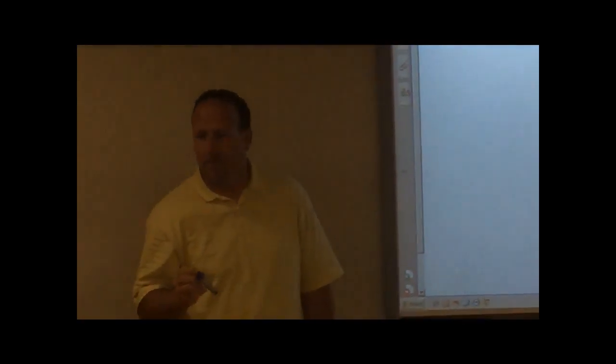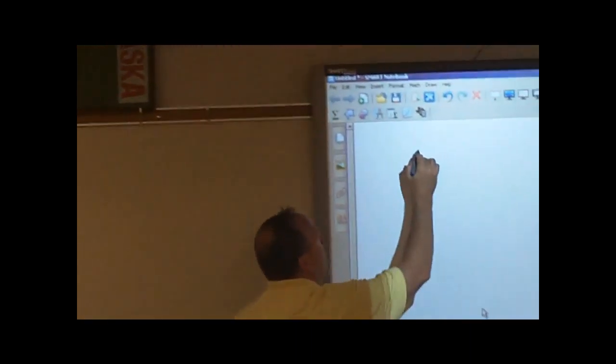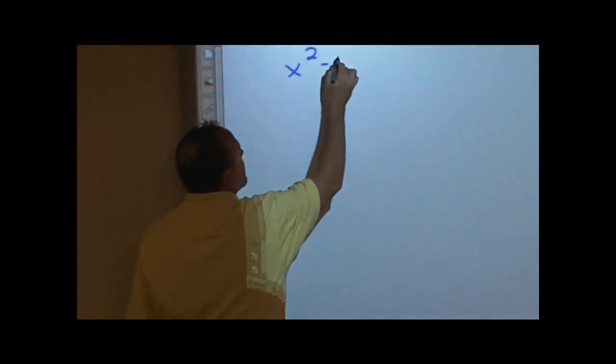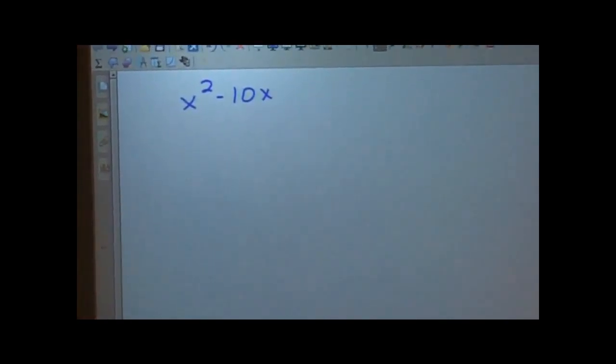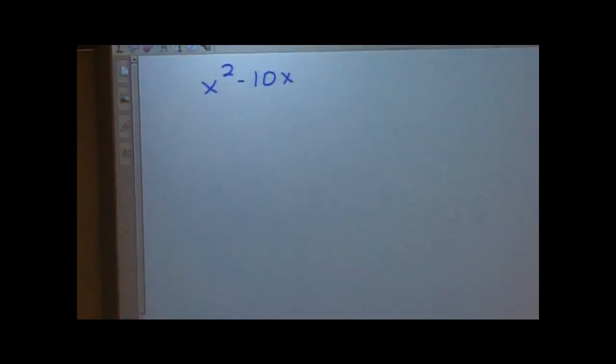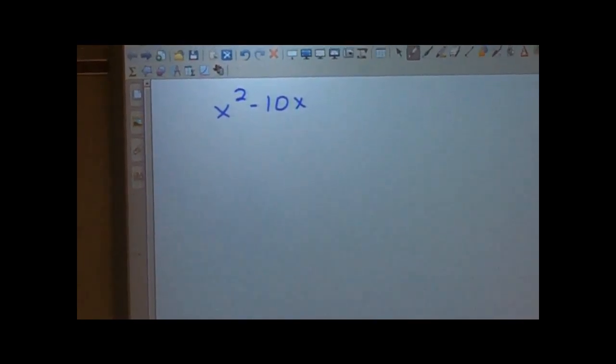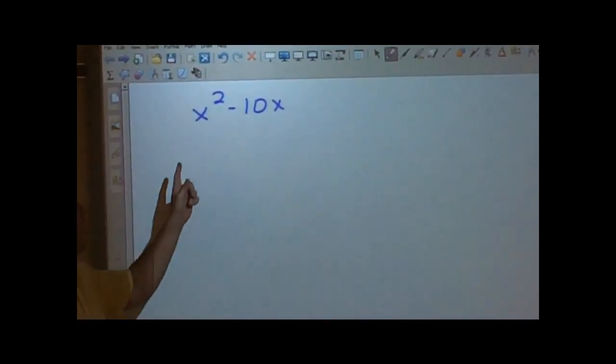So whenever you have a binomial, and a binomial is what? 2 terms. For example, x squared minus 10x. Whenever you have a binomial, you're going to factor by using the greatest common factor. In your mind, you're thinking, what's the greatest common factor that will go into both terms?